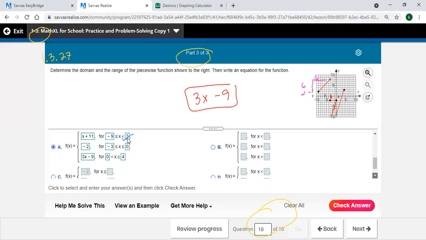Or wait, no, that's. So let's check this. If I put in a -1, 2, 3, do I get an 8? I would. I am not seeing the mistake here.